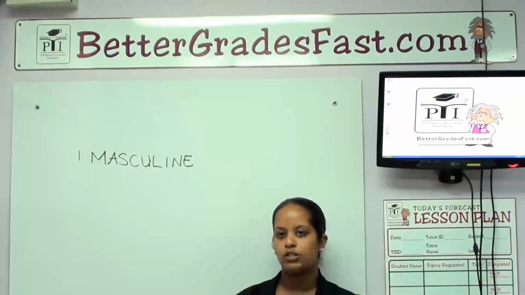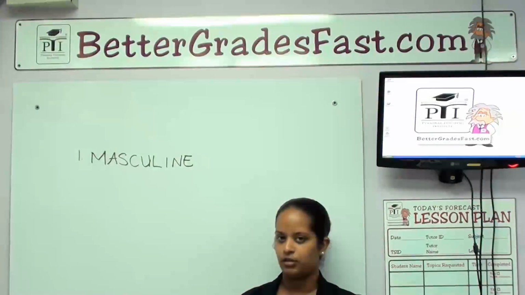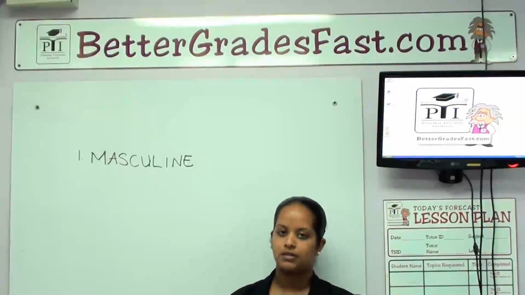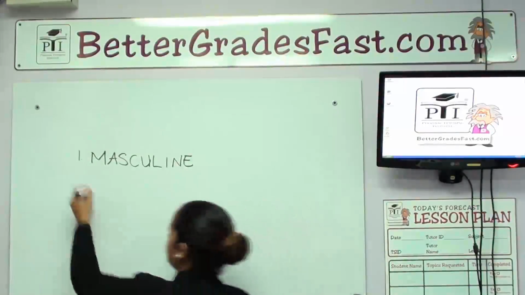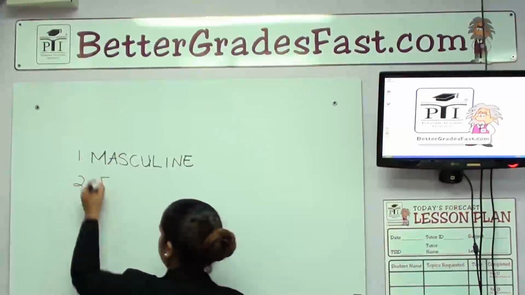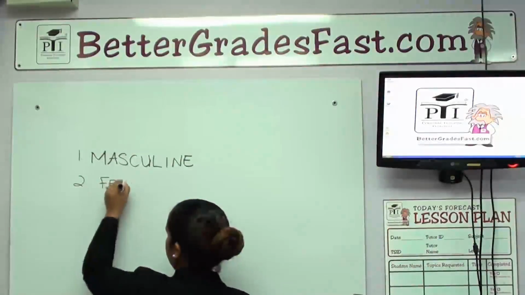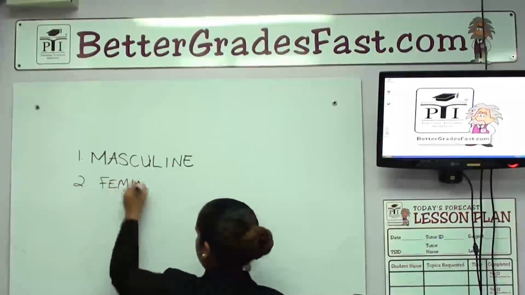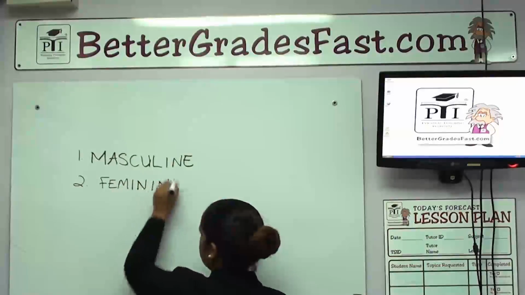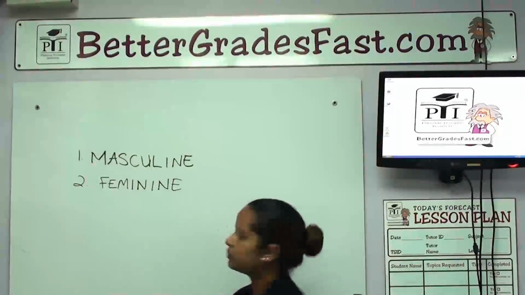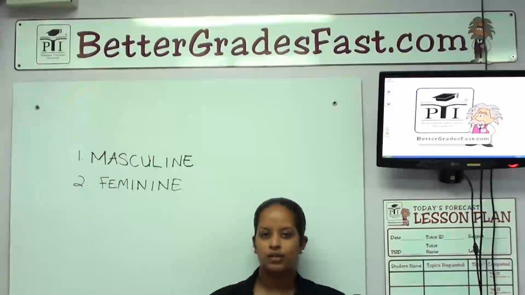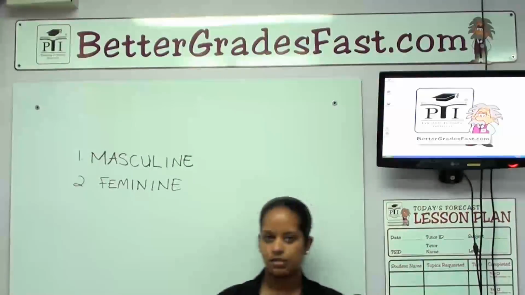We then go on to another common form of gender, the opposite of the masculine gender, which is feminine. The feminine gender refers to any female person or animal.